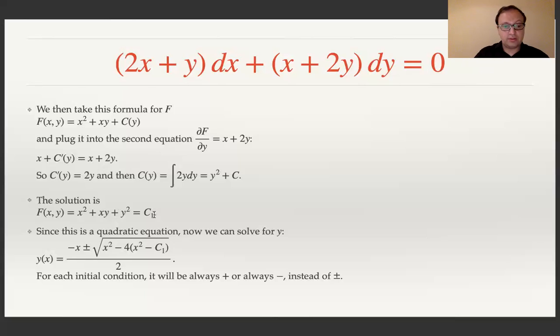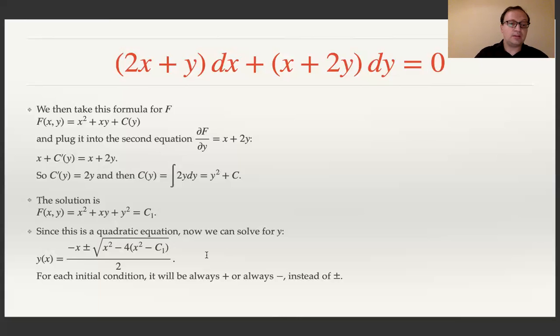So let's solve it using the quadratic formula, and we get that y(x) is equal to (-x plus or minus the square root of x squared - 4(x squared - c1)), everything divided by 2. You can check for yourselves using the quadratic formula.